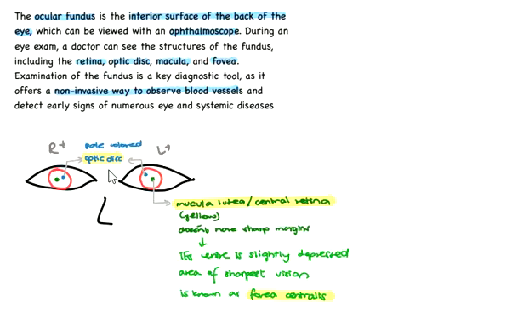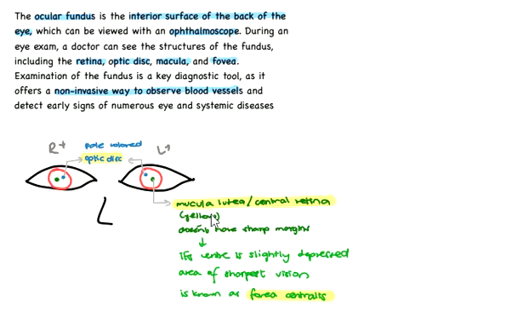The other key feature is that if you're using an ophthalmoscope to examine, you'll notice that the optic disc is more pale colored, whereas the macula lutea is yellowish in color, right? And the macula lutea won't have any sharp margins, but the optic disc is quite defined and sharp.